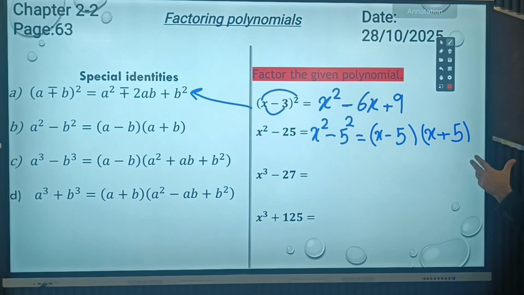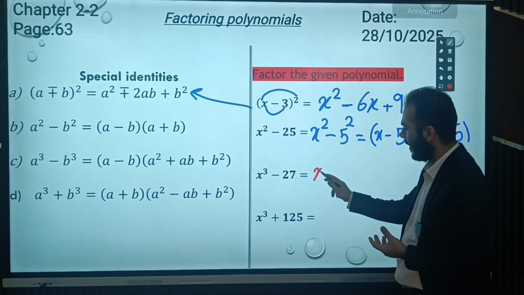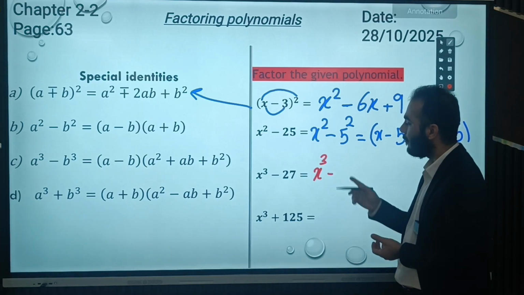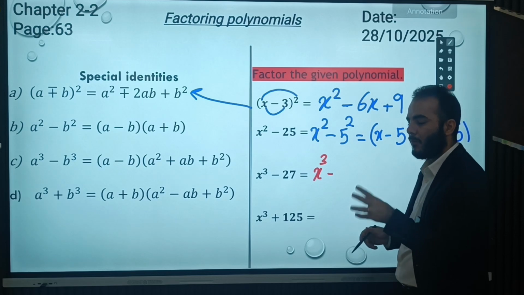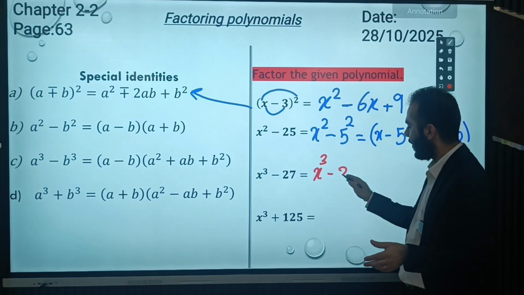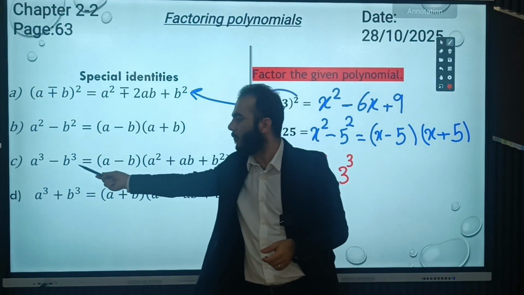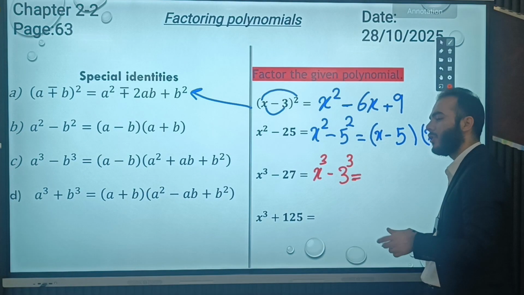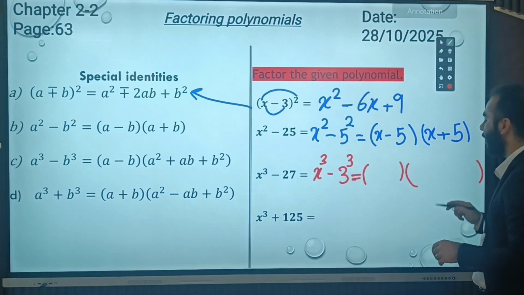Okay? So the next one is interesting. x cubed, we cannot do anything with it, minus 27 is a perfect cube of a number. What is that number? It's 3 powered by 3. So it's exactly in this form. Right now, we said that if we have a sum or difference of two cubes, immediately open two brackets, one small and one big.